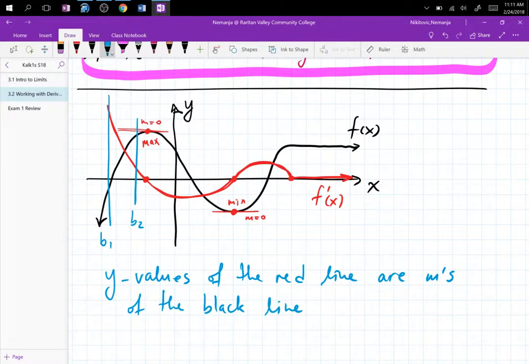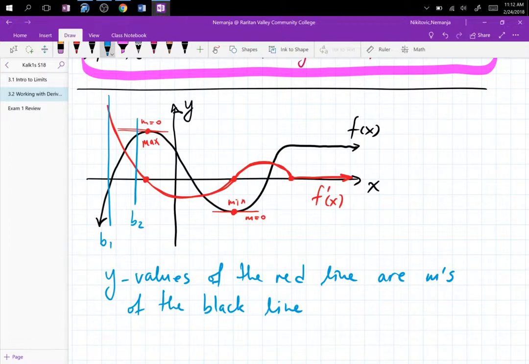At B1, when it crosses the black line, it's really steep, right? So it's very difficult to go up the black line at B1, and quite easy to go up the black line at B2. It's very easy to go there.